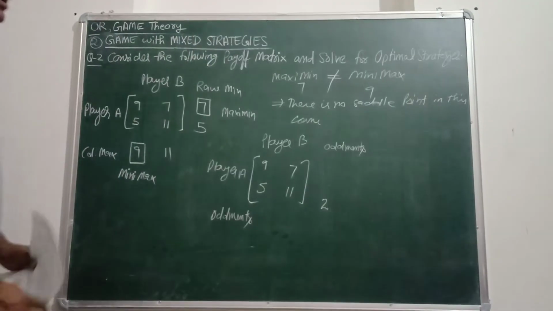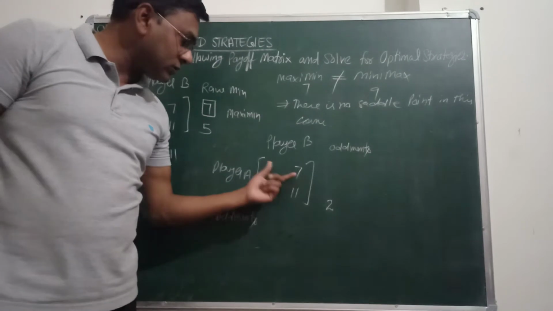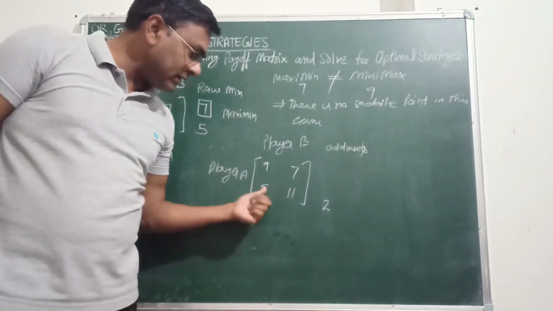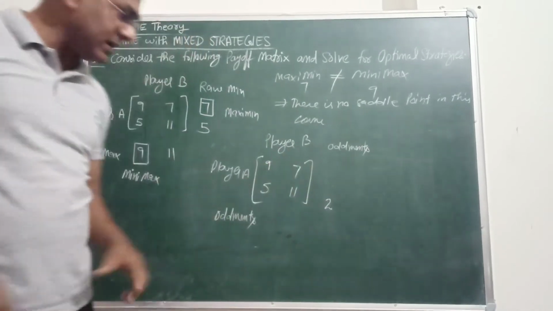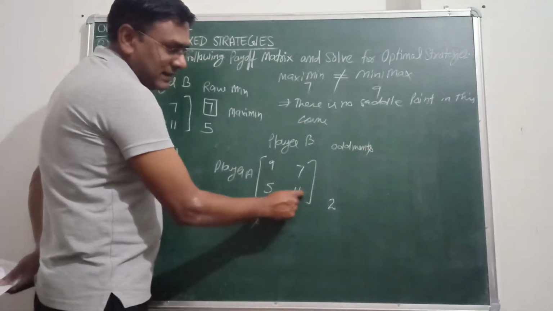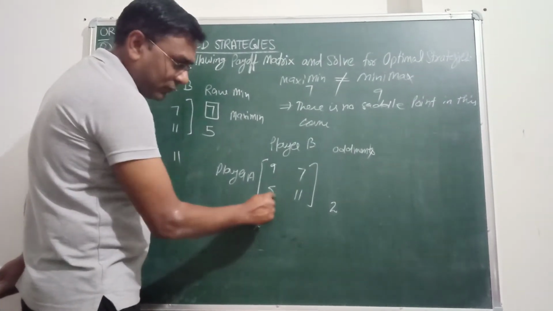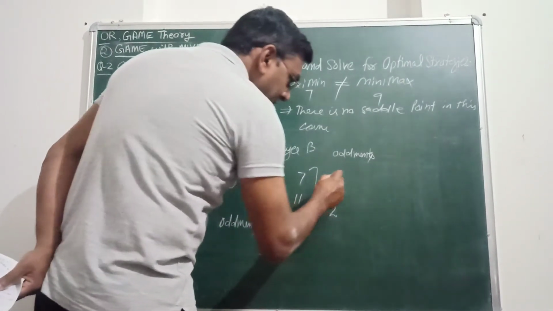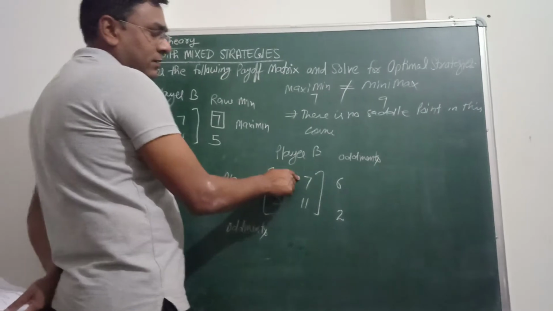We are not writing this 2 in front of this row, but in front of the second row. Similarly, 5 and 11, where 11 is the maximum, so 11 minus 5 is equal to 6, and we write it against the first row.